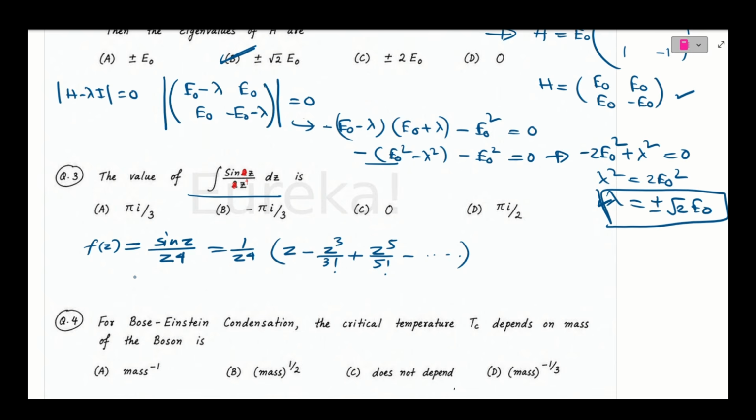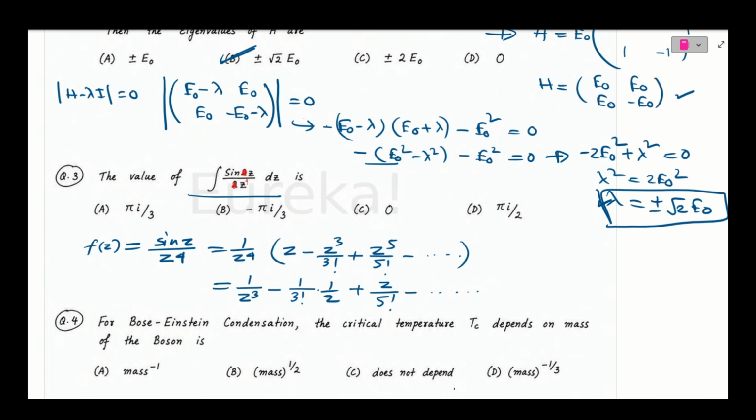Now multiplying with 1 by z to the power 4 with each term, it gives 1 divided by z cube minus 1 divided by 3 factorial into 1 by z, plus z divided by 5 factorial, minus and so on.